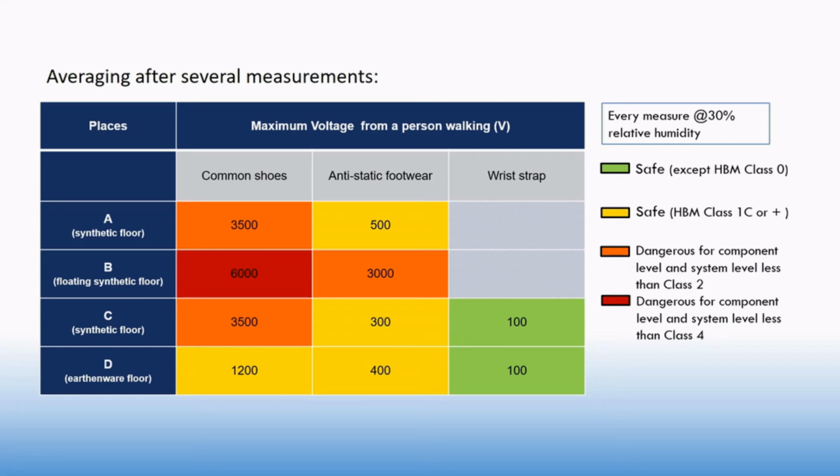The boxes in orange and red are dangerous voltages for working at component level, but they are okay if we work with systems that have passed tests for level 2, 4 kV, and level 4, 8 kV per contact and 15 kV per air, respectively.